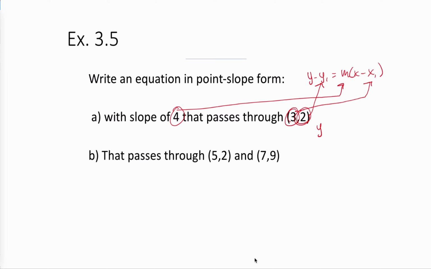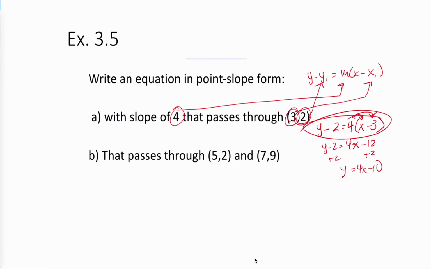And so this is going to be y minus 2 equals 4 times x minus 3. If we wanted to put this in slope-intercept form, then all we would have to do would be to distribute the 4, and then add 2 to both sides. So this would be in point-slope form, and this would be the equivalent in slope-intercept form.